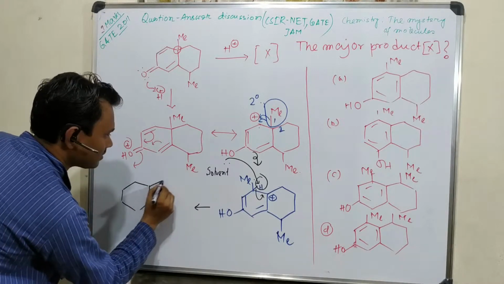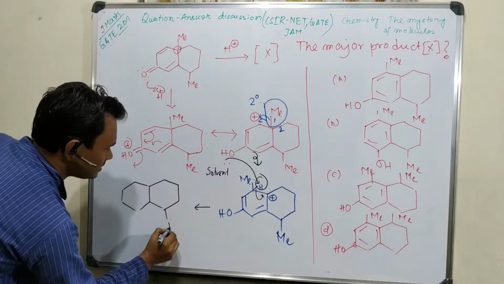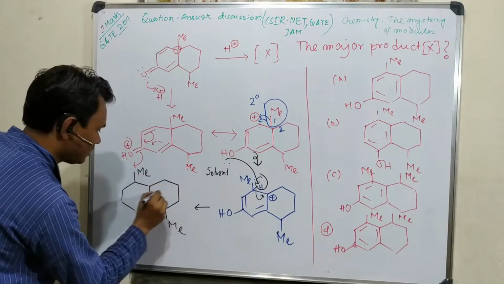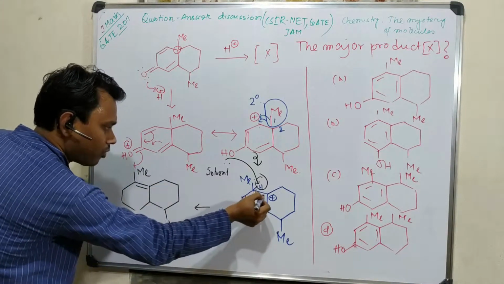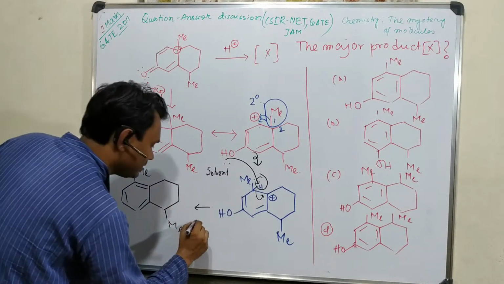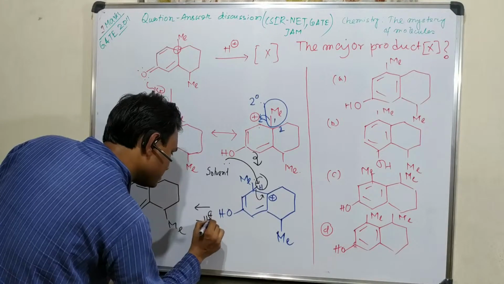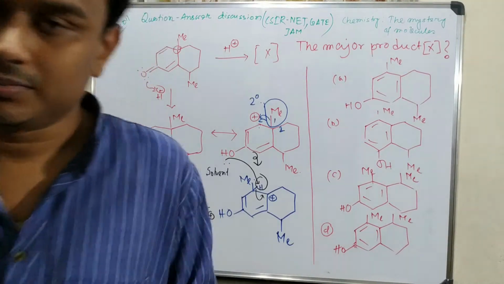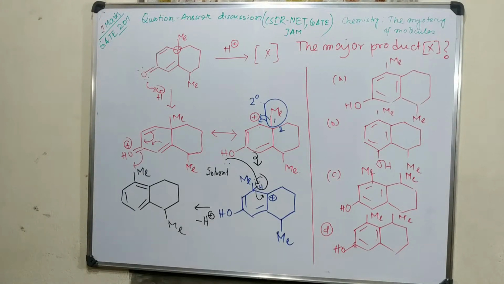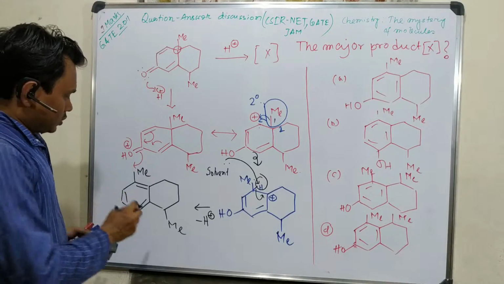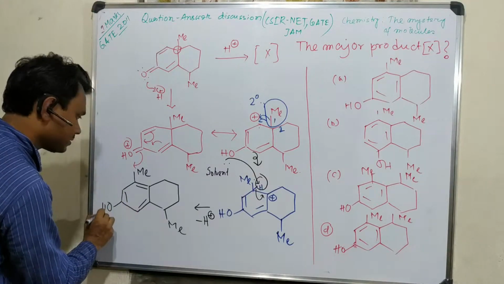Wow. This is Me, this is Me. This is a newly formed double bond, and actually this step is minus H plus, meaning the solvent has abstracted the proton. So this is our product.